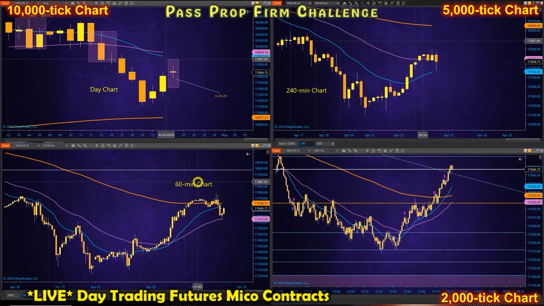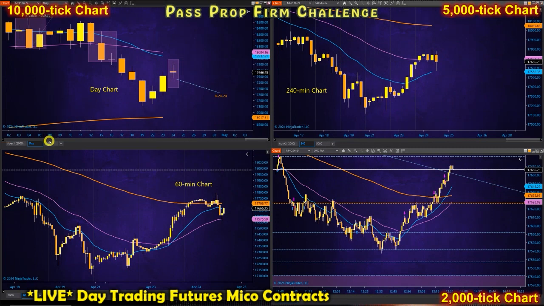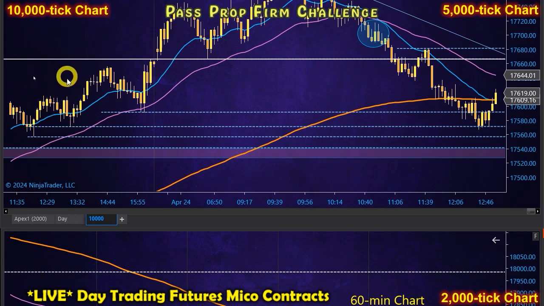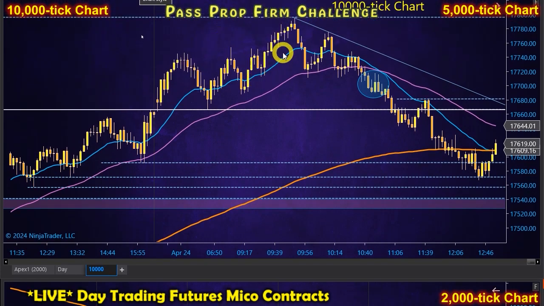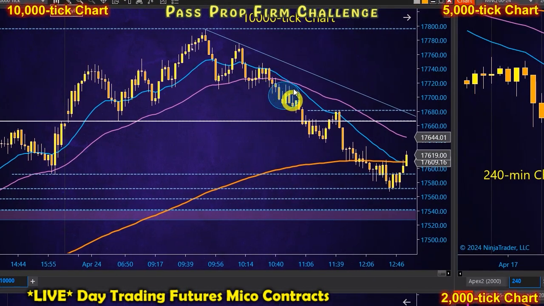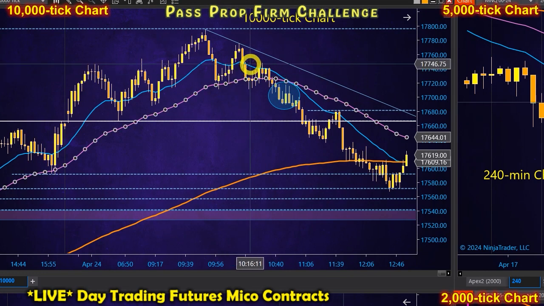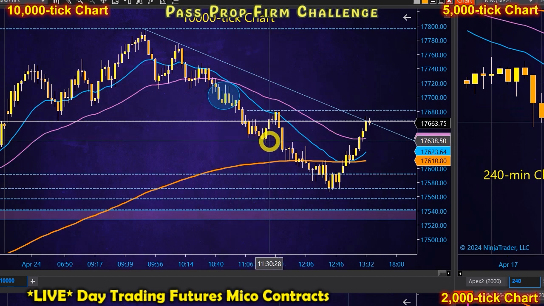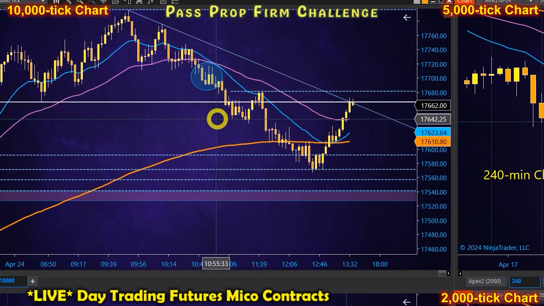All right, now the 10,000 tick chart, let's see what happened here. It was coming up. Yep, everything was trending up from yesterday real nicely here. And once it got into this area where it crosses over the 20 and the 50 EMA, then it's time to be careful about adding too big, too fast, too much. Maybe even scalp out faster, maybe even break even.